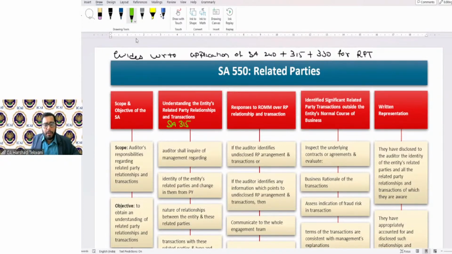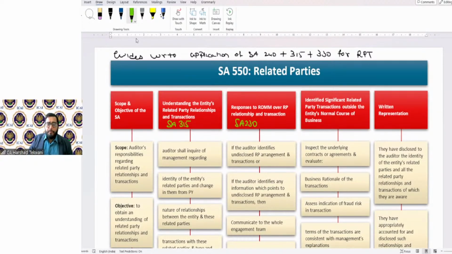Then comes responding to the risk of material misstatement from the related party relationships and transactions. Responding means that you design some audit procedures and check whether there is a risk of material misstatement and whether there actually is a material misstatement or not. So you apply SA 330.